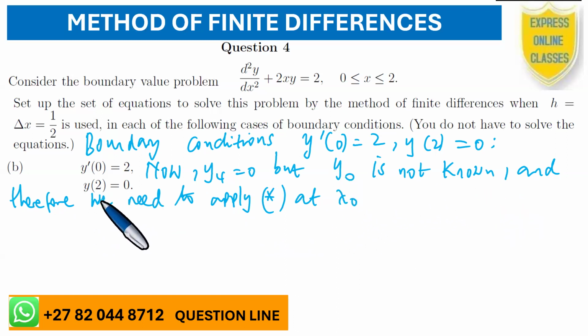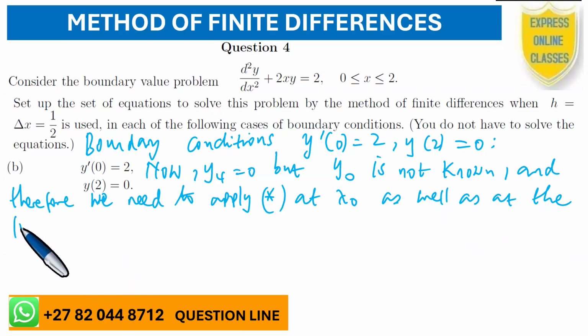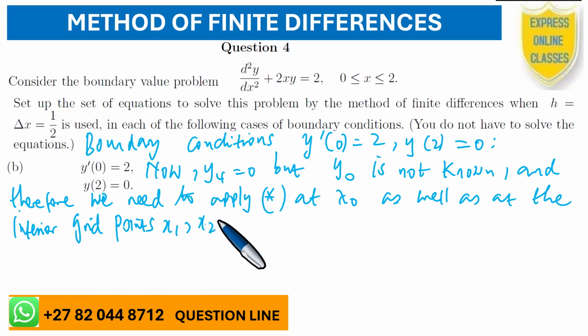Therefore we need to apply star at x0 as well as at the interior grid points, x2 and x3.